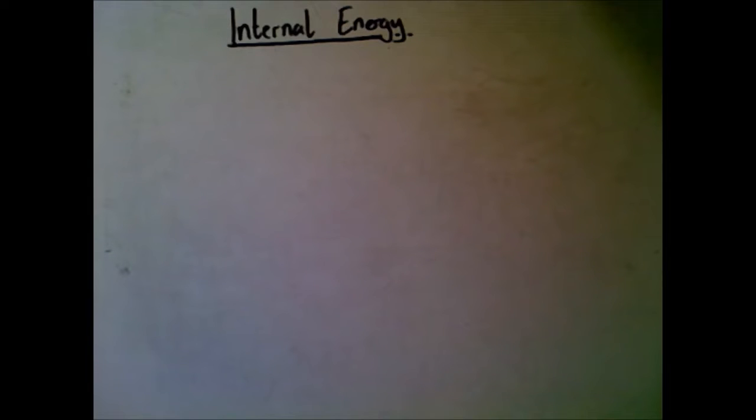They're moving, so in a solid they're vibrating, in a gas they're moving around a lot more. So if they're moving, they've got kinetic energy. They've also got potential energy. Particles have bonds or forces between them, and you can almost think of them like little springs holding the particles together. They're not actually springs, but you can think of them like that.